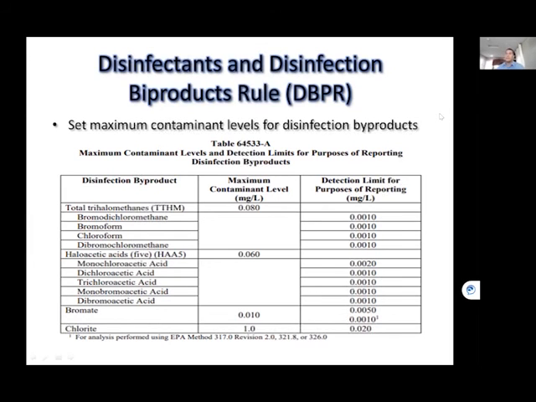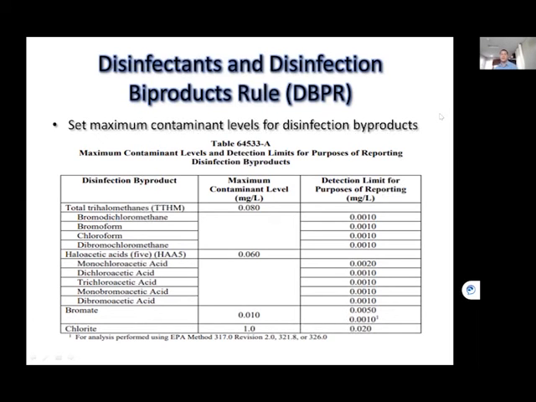So our regulator will determine, well, actually we'll take a look at the distribution system. We'll find locations where the water age is typically the longest, where the water will be there the longest in the system.